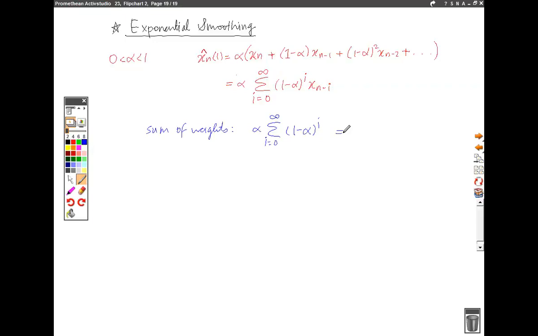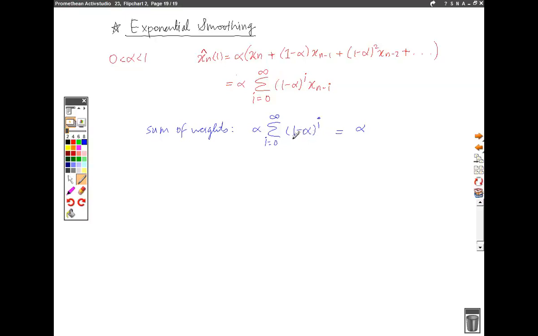How can I expand this sum? Alpha will be as it is. And what will this be? You will have to use the geometric progression formula for the infinite sum, which is what? A upon 1 minus r. Exactly right, it is a upon 1 minus r.